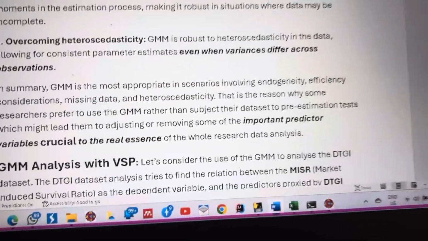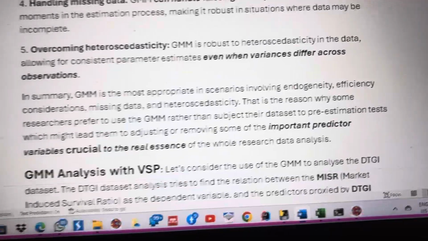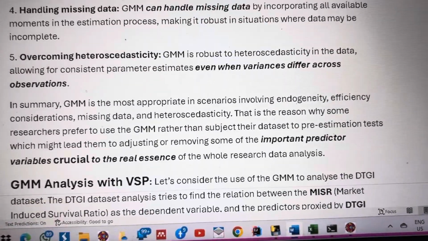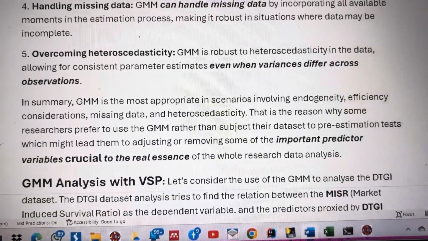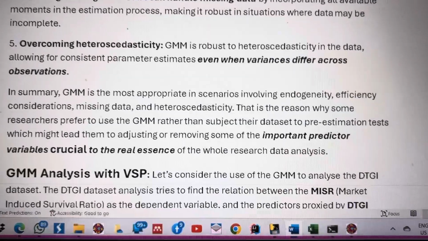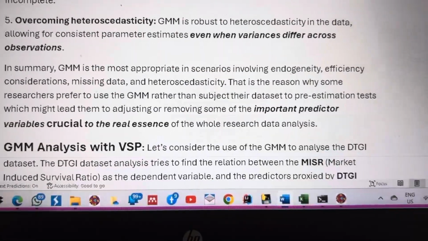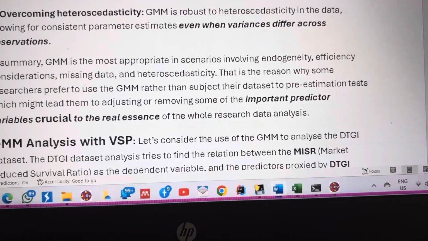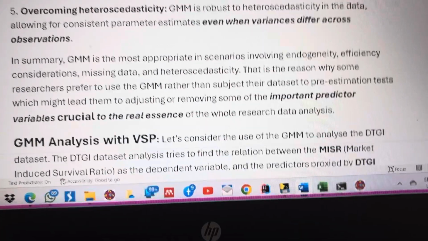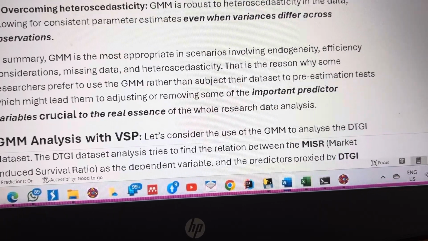Now, this is the only econometric model that tries to take into consideration all the deficiencies that others don't have. So this is the reason why people use the GMM. So in summary, GMM is the most appropriate in scenarios involving endogeneity, efficiency considerations, missing data, and heteroscedasticity.